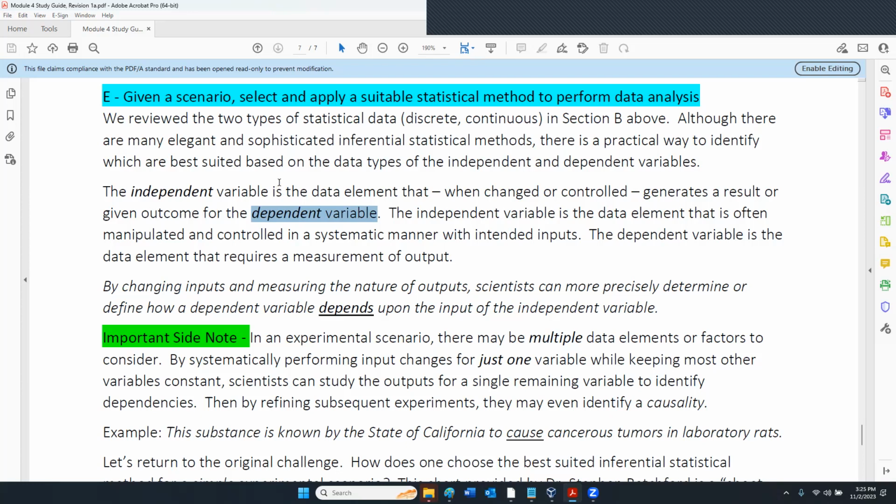And let's pretend that I want to change or control the amount of heat that's put into the water.